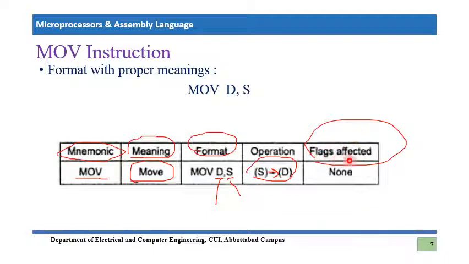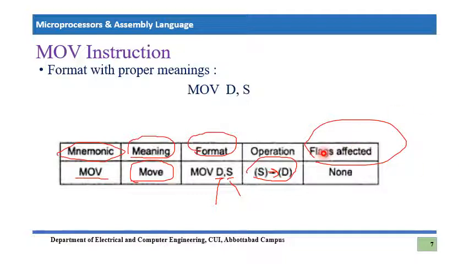Those status bits or flag bits are never affected by the move instruction. So whenever you want to move or replicate something from one place to another, you can use this move command because it will not affect any flag register. The conditions or statuses within the microprocessor will remain the same.